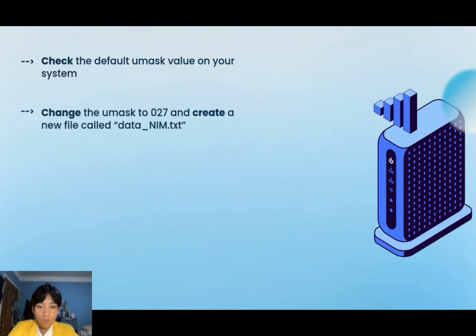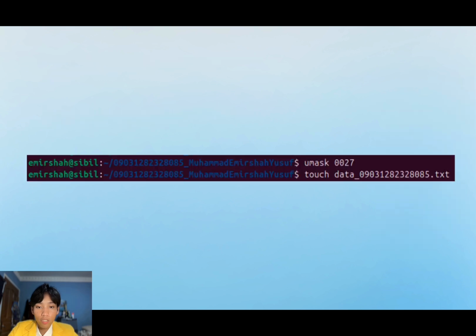Now let's move on to the second task, where we are assigned to change the umask to 027 and create a new file called data nim.txt. Subsequently, we modified the umask to 0027, which enforces a more restrictive permission setting.